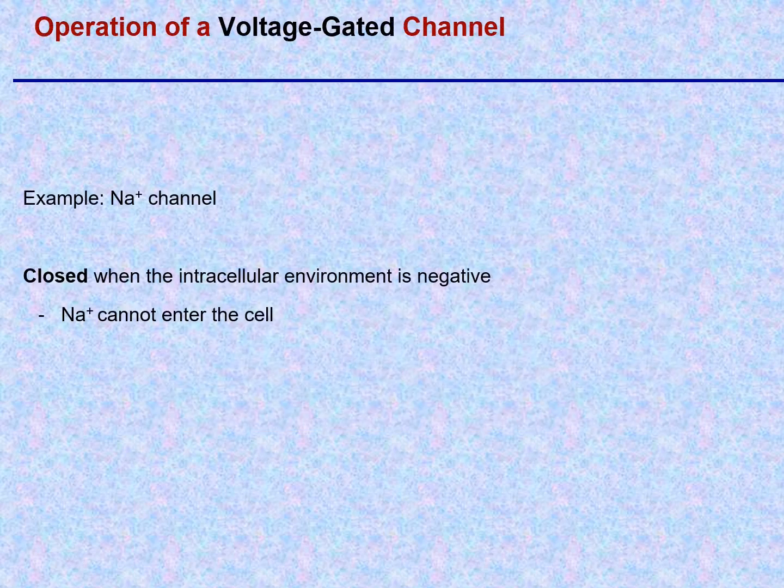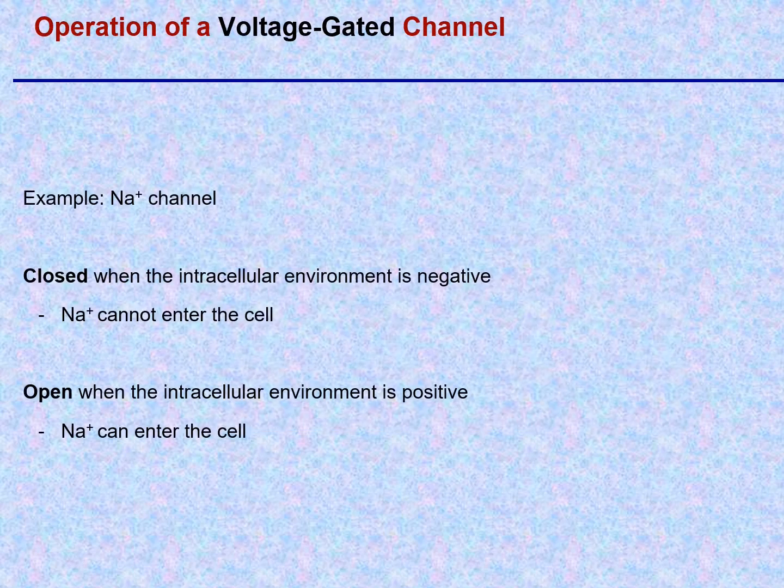Okay, let's go to a voltage-gated channel and look at voltage-gated channels. In this case, an example would be a sodium channel. It is closed when the intracellular environment is negative. In fact, the normal intracellular environment is fairly and stably negative, and in that case sodium cannot enter the cell.